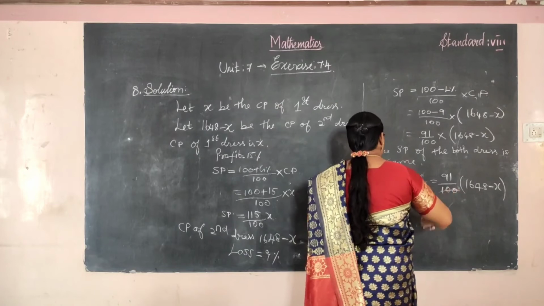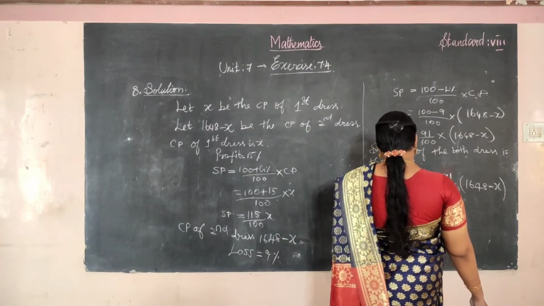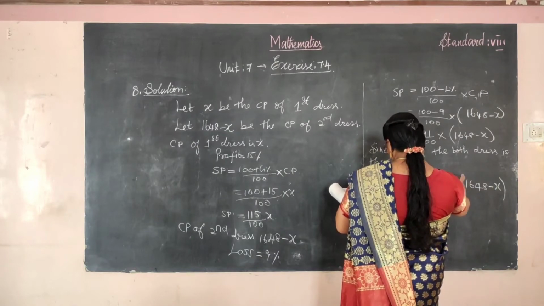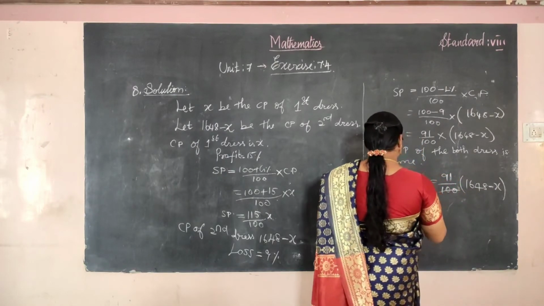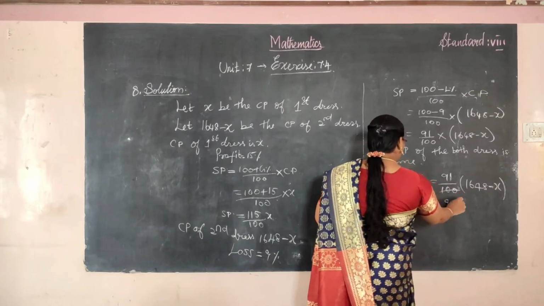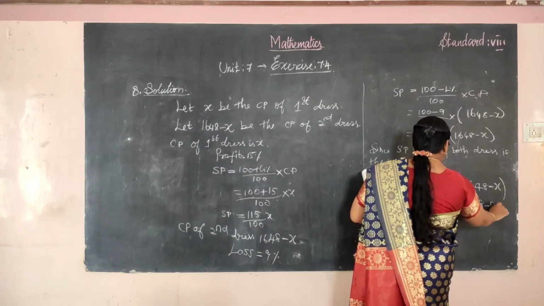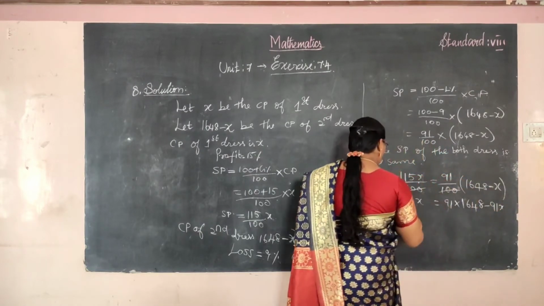These two terms will be cancelled. Okay, now multiply each term. 115x equals 91 into 1648 minus 91x. Minus 91x comes to this side.